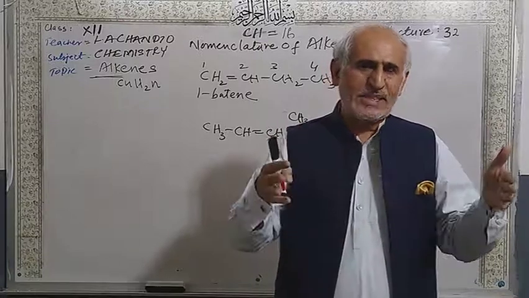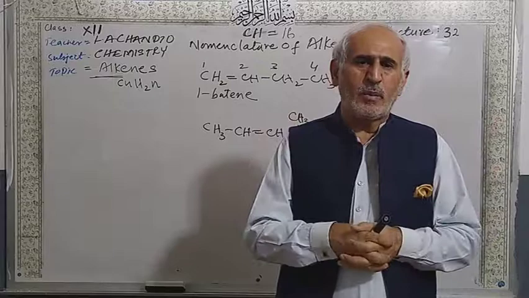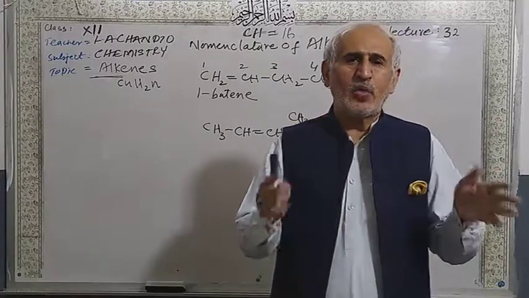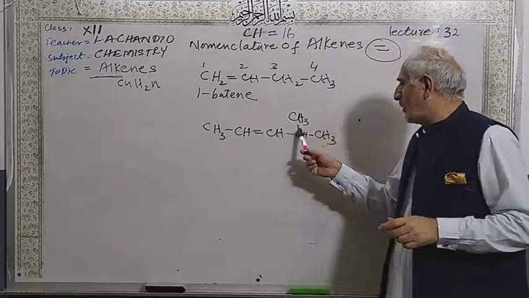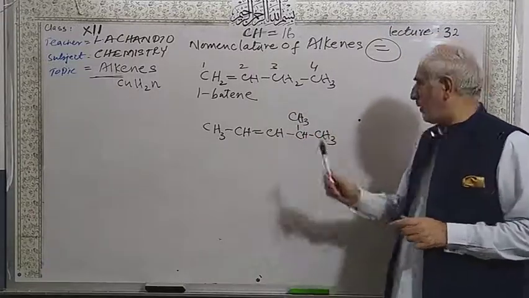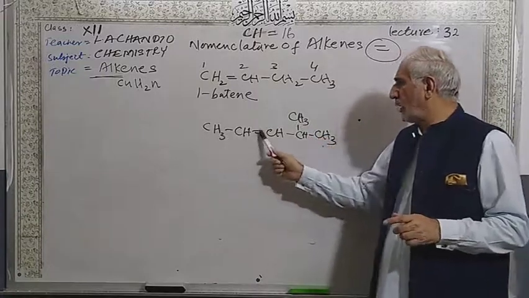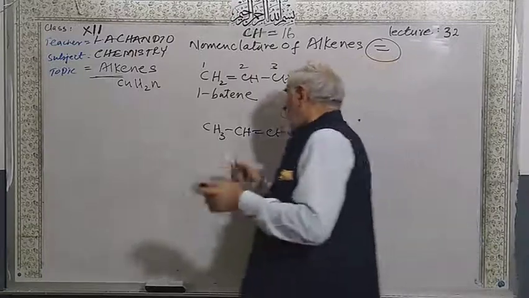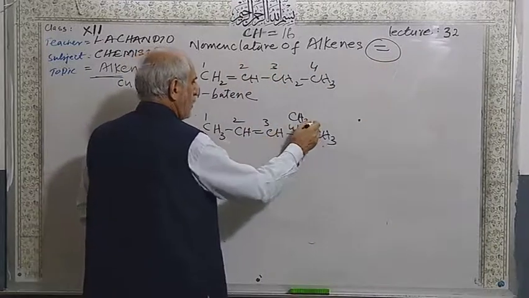You must start the numbering from the double bond if the positions of the branch and the double bond are equal. So let's start from here, like this.